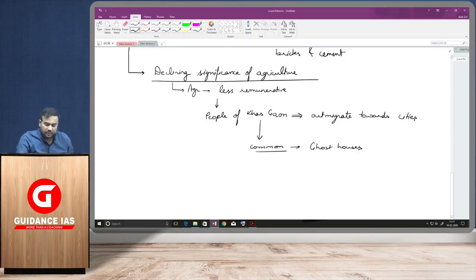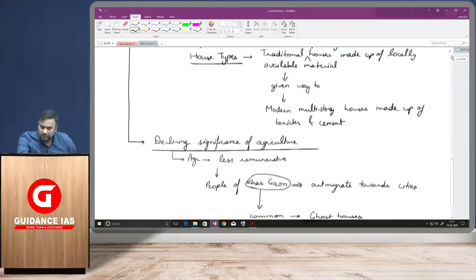Ghost houses, where in the Khas Gaon, houses are lying totally empty. Okay? So this is another form of change which is taking place as a result of the modern situations which are emerging. So these are the main changes which have been introduced in the village, if you talk about site.